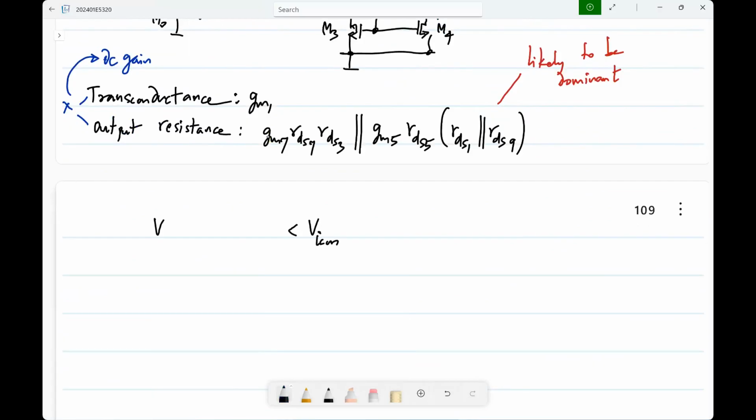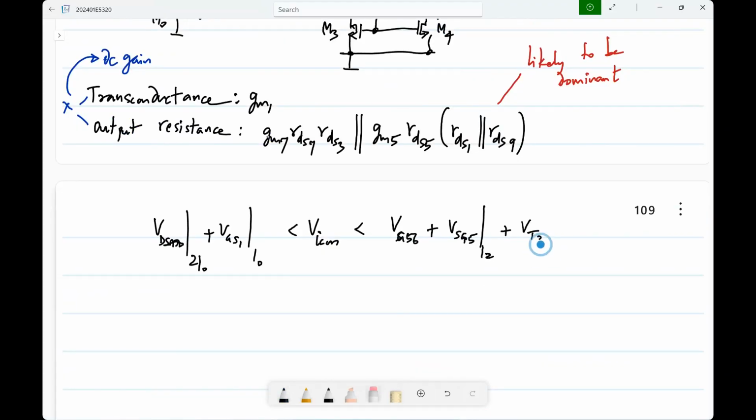The lower limit is the same as before. It is VD sat 0 at a current of 2 I naught plus VGS 1 at a current of I naught, and the upper limit will be VG56 plus VSG5 at a current of I2 plus the threshold, VTN.